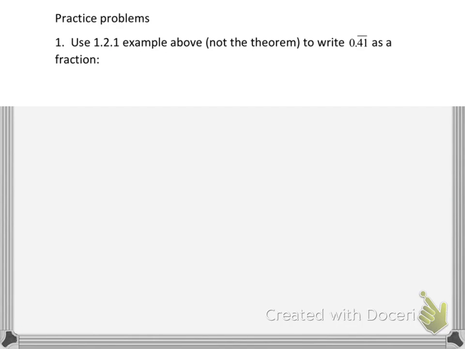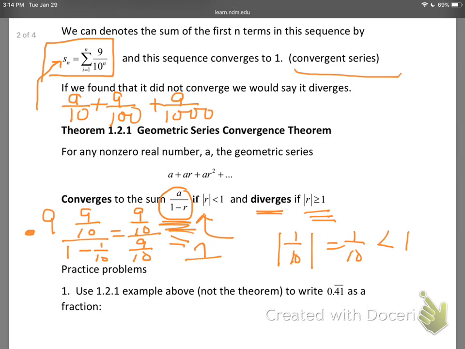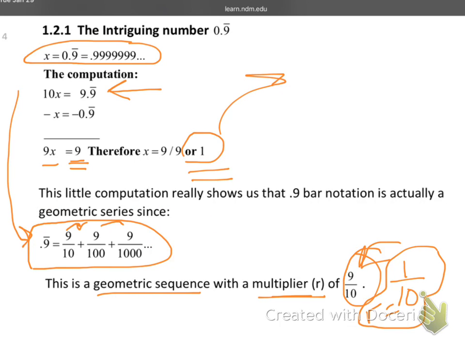All right, in practice problem number 1, it says to use the 1.21 example above, not the theorem, to write 0.41 bar notation as a fraction. So let's go back and see what we're going to use. We're going to use this computation.